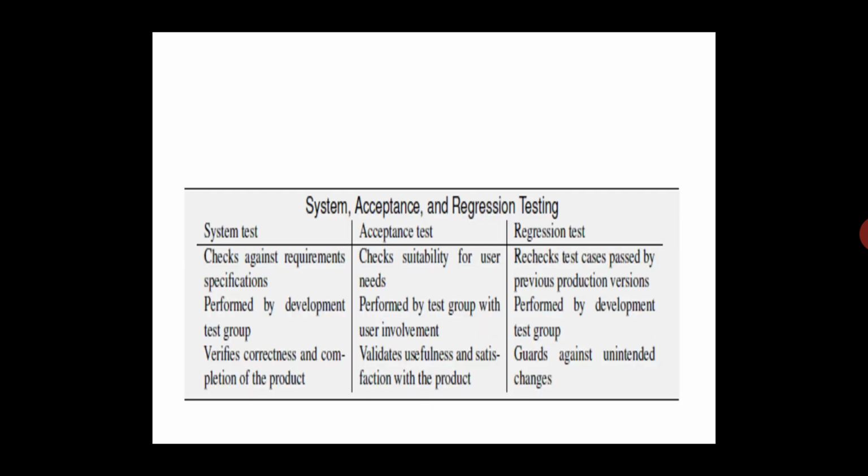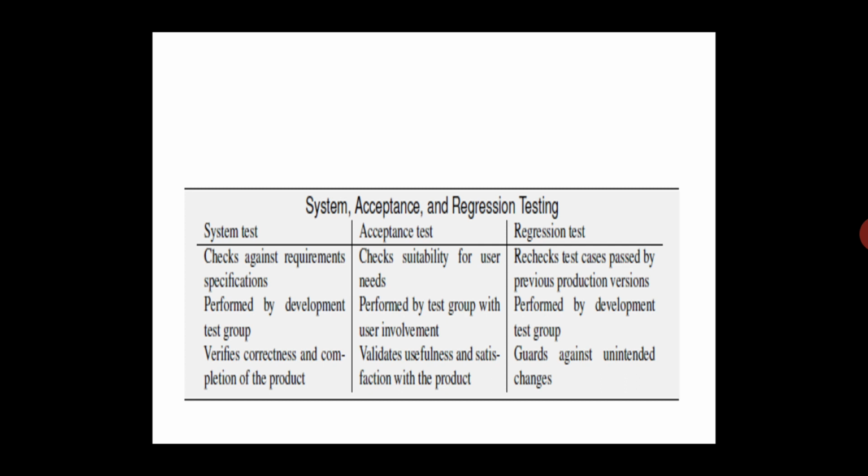Before going to the complete concept of system testing, we should know the difference between system testing, acceptance testing, and regression testing. This is the introduction. People should know the distinction between each kind of test.